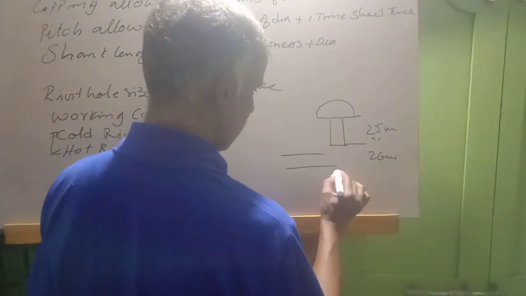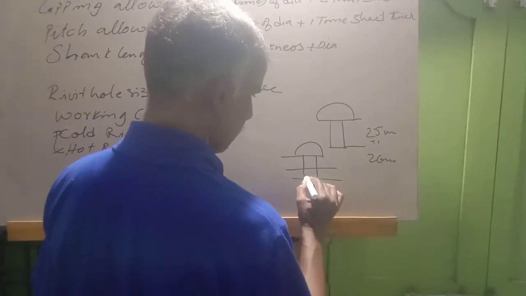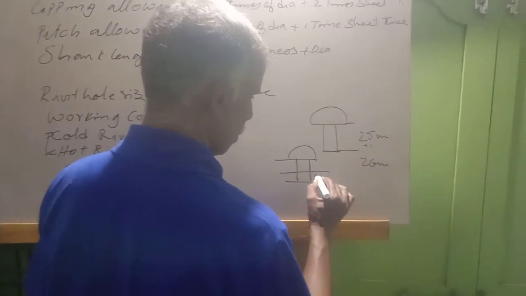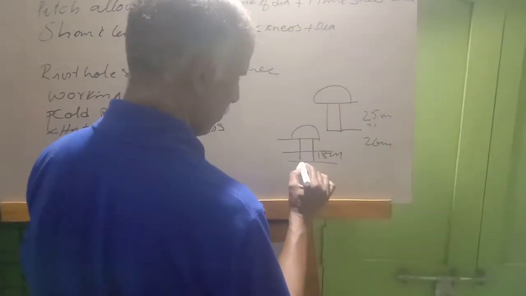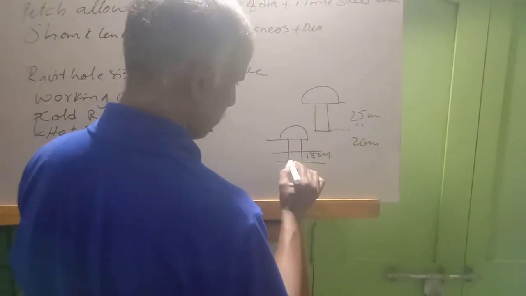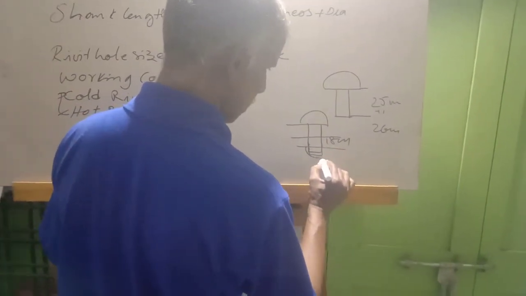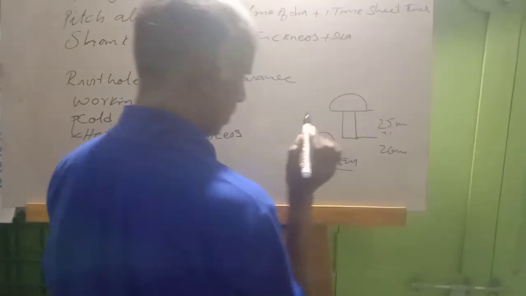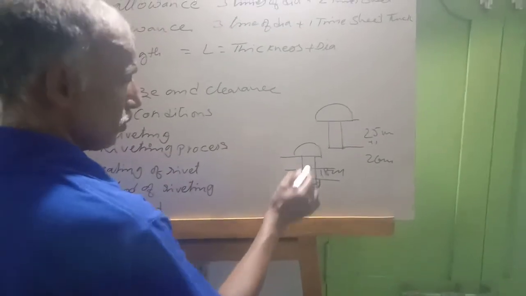Now the 2 sheets we are riveting are 18 mm thick. Okay, the remaining 6 mm will come out. We will form it to the shape when the rivet is in the red hot state only.